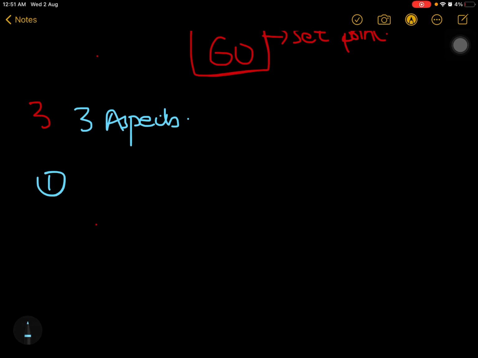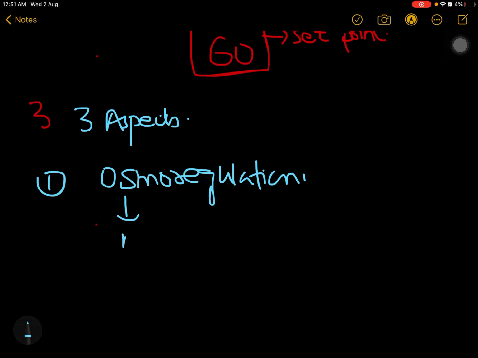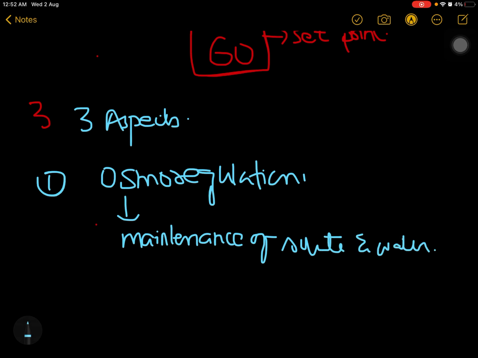The first is osmoregulation. What does that mean? Basically, the maintenance of water and solute in the internal environment is known as osmoregulation, right?